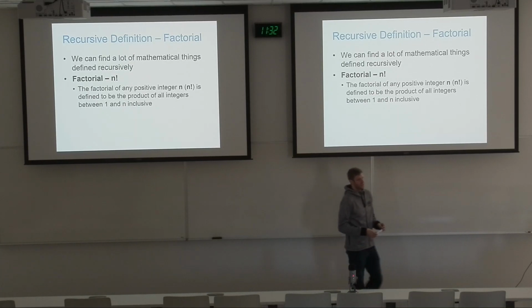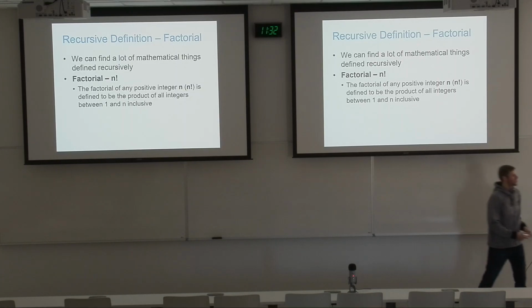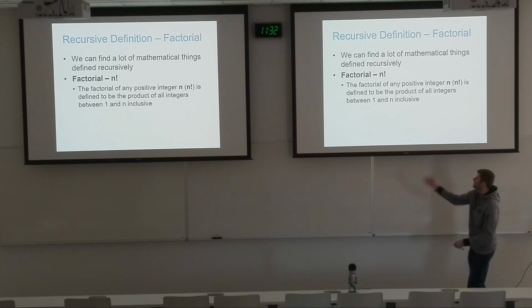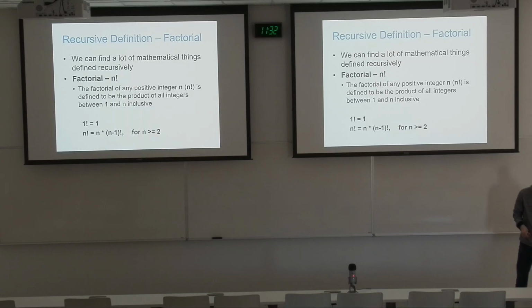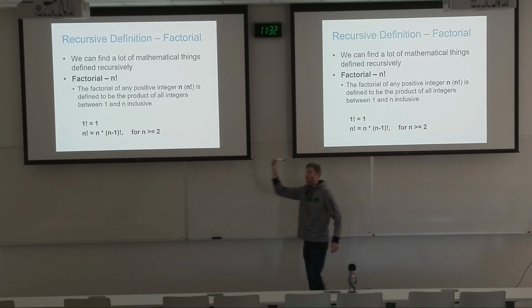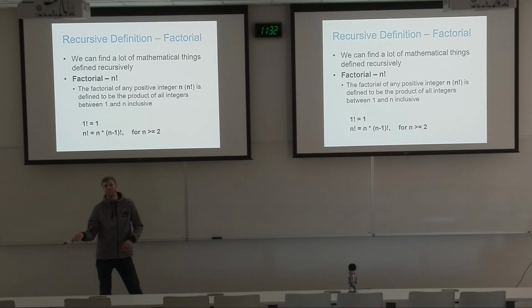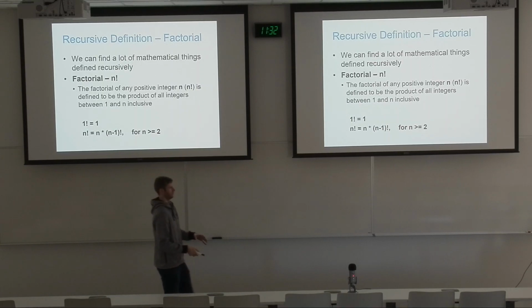We don't want to include 0 because if you multiply everything by 0, well, you lost it all. So it's only defined for positive integers. So here's how we can define it. 1 factorial is 1, or n factorial is n times (n minus 1) factorial.